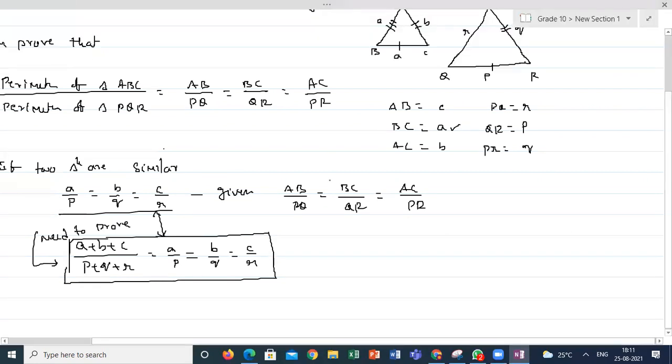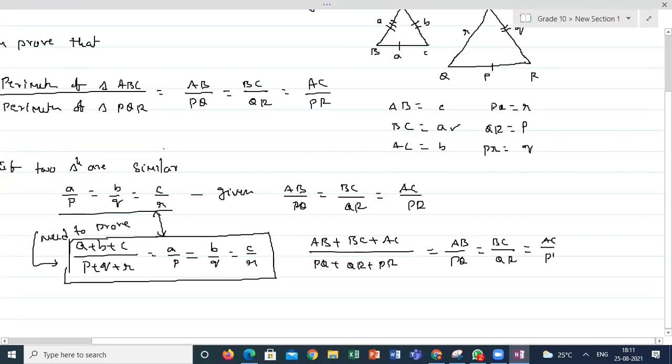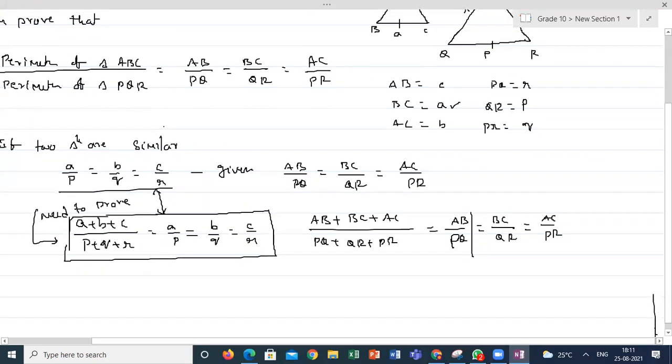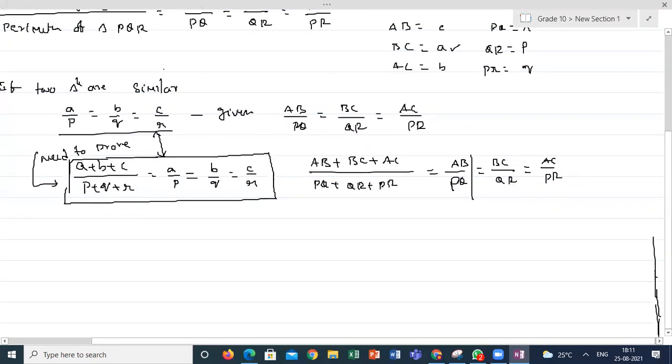What is the meaning of perimeter, guys? AB plus BC plus AC divided by PQ plus QR plus PR will be equal to AB by PQ or BC by QR or AC by PR. If I am able to prove any one ratio, that is enough. Am I right or wrong, guys? Students, are you able to follow?